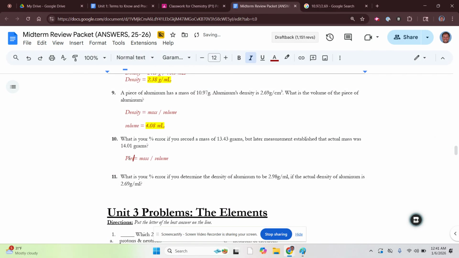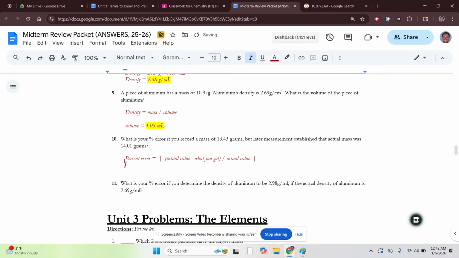Percent error is equal to the actual value minus what you got, divided by the actual value. The whole thing must be encompassed in absolute value lines. Remember that for percent error, you can never get a negative. It must always be a positive error. It doesn't matter if you were off by more or less. What matters is how far off you were.